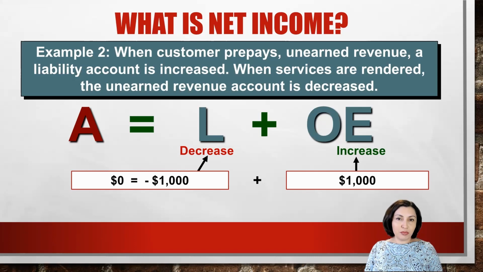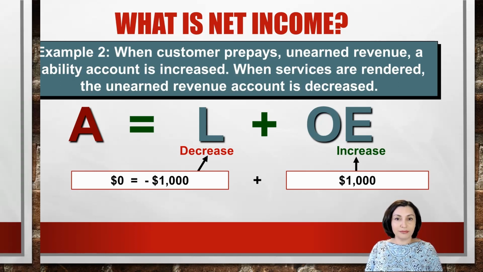When we plug the numbers in, we have 0 in assets equals minus 1,000 in liabilities as liabilities decreased, and plus 1,000 in owner's equity as owner's equity increased. The accounting equation balances. Net income always represents an increase in the owner's equity of a company.